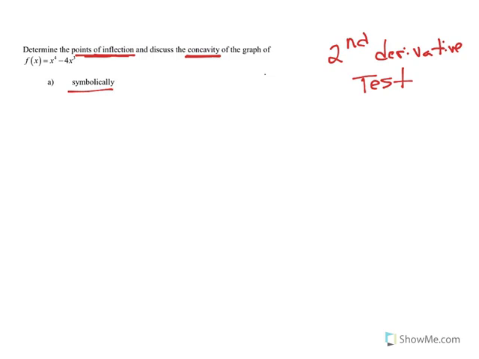So finding f double prime, let's find f prime first. So we'll look for f prime. Bring your 4 down, so it's going to get you 4x to the third.